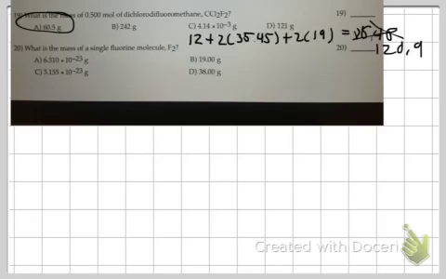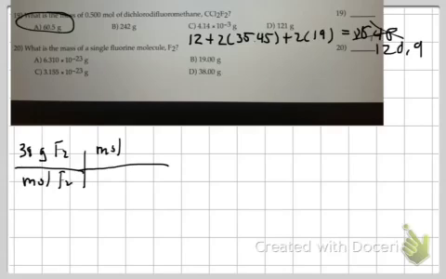Okay, mass of a single fluorine molecule. So, how do you solve this one? Fluorine is 19, so 38 grams F2 is equal to a mole of F2, 6.02 times 10 to the 23rd F2 molecules.